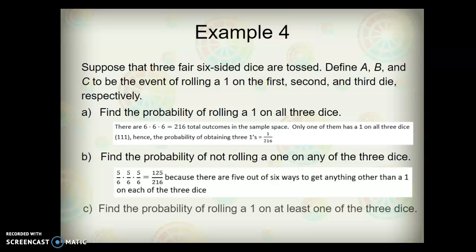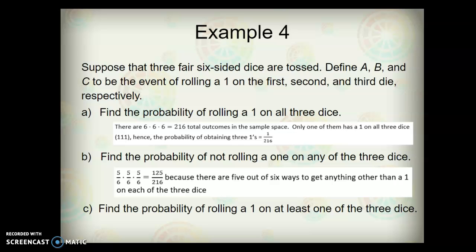Now, Mr. Youngsaver addressed this in his video that we watched last week in class. If you wanted to know the probability that you'll roll a 1 on at least one of the 3 dice, the complement of that would be to not roll a 1 on any of the 3 dice.